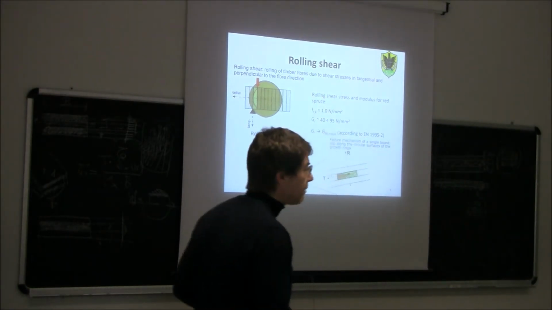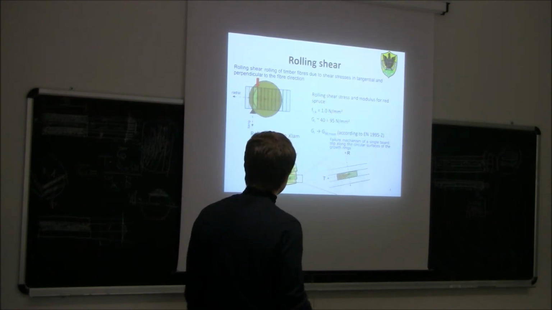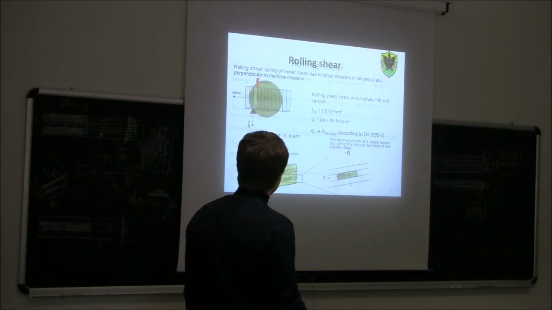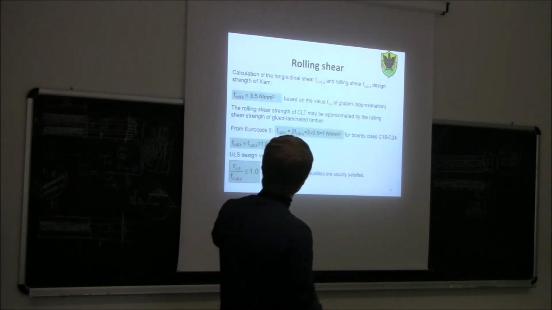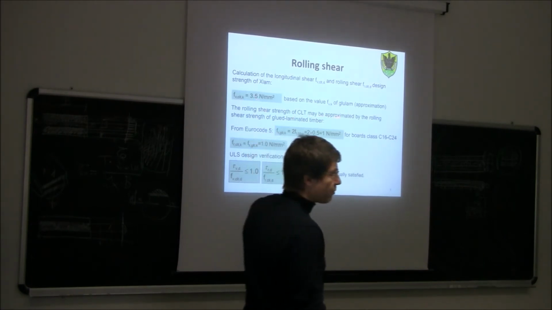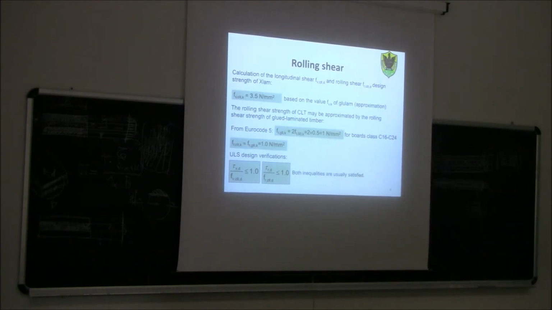Now, if you look at the value of strength for rolling shear and longitudinal shear, you will find that for rolling shear, more or less 1 Newton per square millimeter, so very low value, and for longitudinal shear, we are talking about 3.5 Newton per square millimeter. So, the longitudinal shear is, roughly speaking, 3 times more resistant than rolling shear.